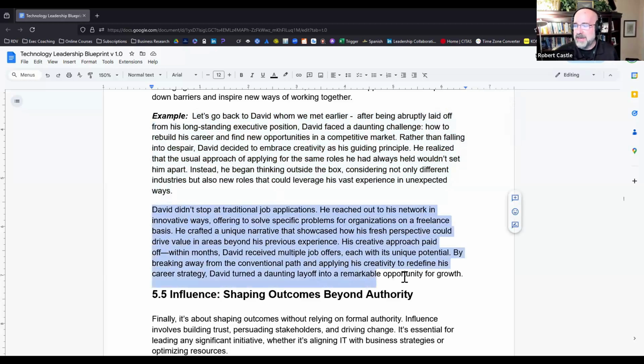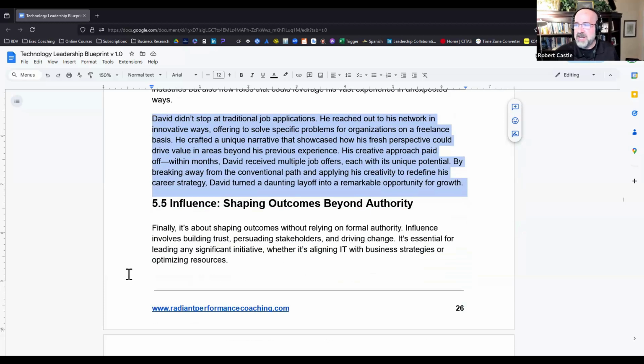David didn't stop at traditional job applications. He reached out to his network in innovative ways, offering to solve specific problems for organizations on a freelance basis. He crafted a unique narrative that showcased how his fresh perspective could drive value in areas beyond his previous experience.